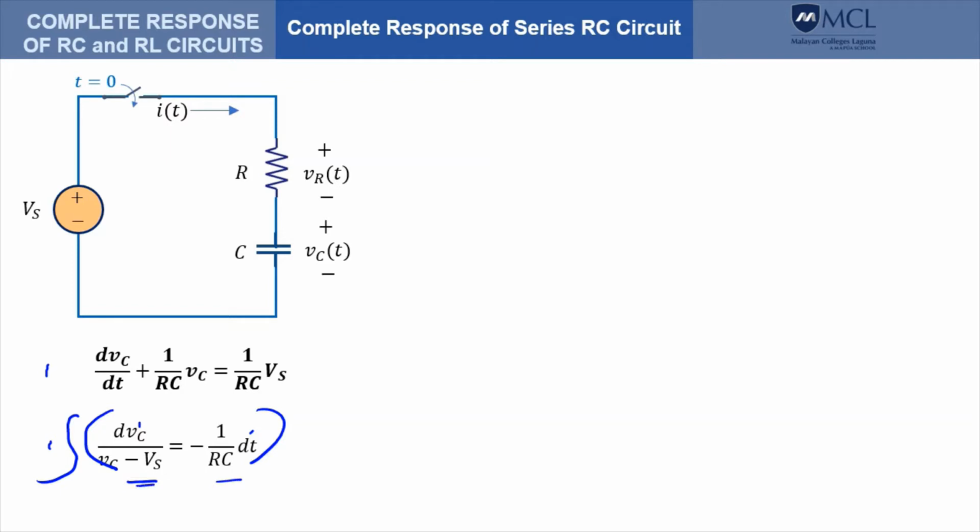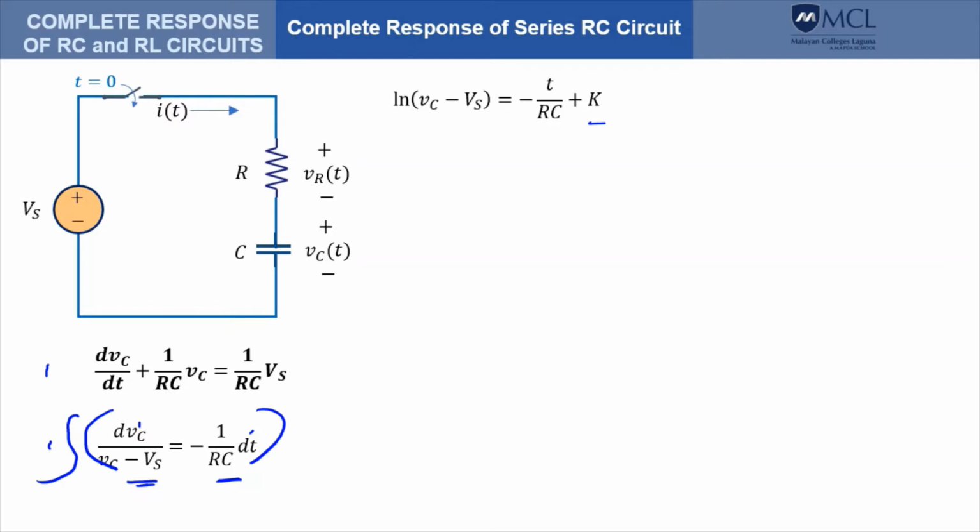The integration of this will give us a natural logarithmic function, while this one is simply a function of time. So that will give us this equation. And we need to introduce a constant after that. How do we find the constant? We apply the initial condition for the circuit.